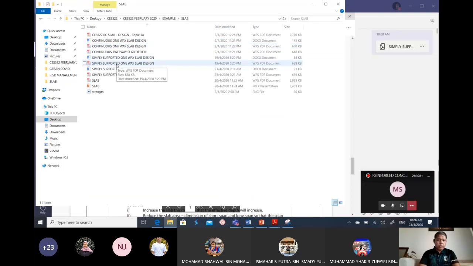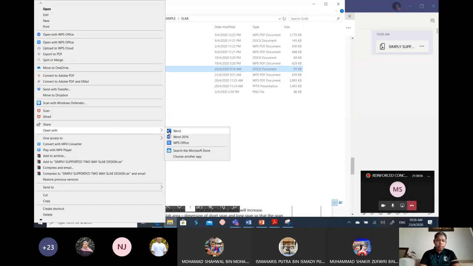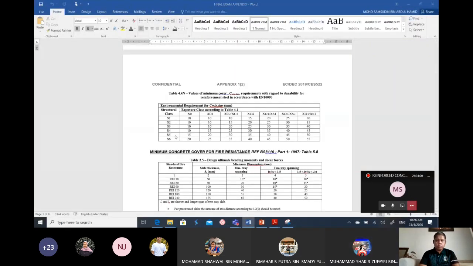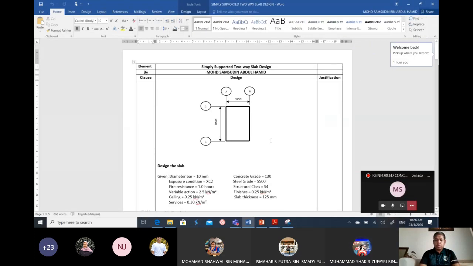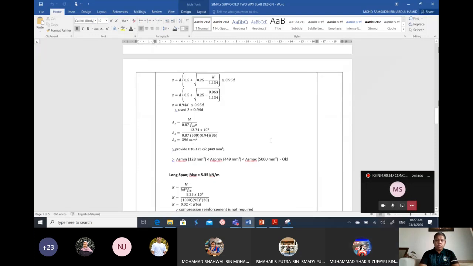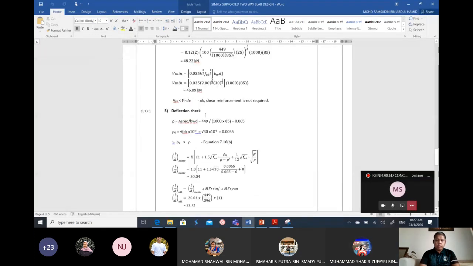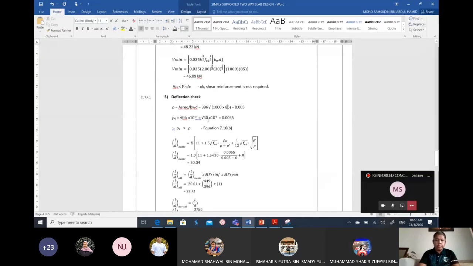Simply supported two-way slab. Okay, here is supposed to be 396, right? You can see my screen, right? Yes. So the answer is the same.